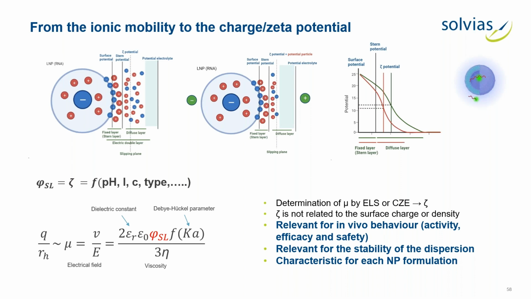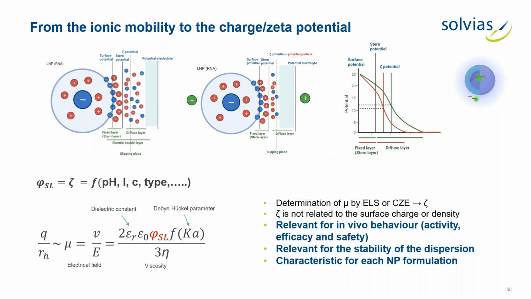Really briefly, when a charged particle is dispersed, a double layer, the Stern layer and a diffusion layer, is established on the particle. And within this diffusion layer, there is a hypothetical plane, the slipping plane. And one part of this diffusion layer is stripped off when a particle is migrating in an electrical field. And this slipping plane is the zeta potential.